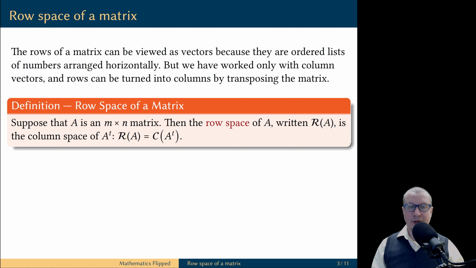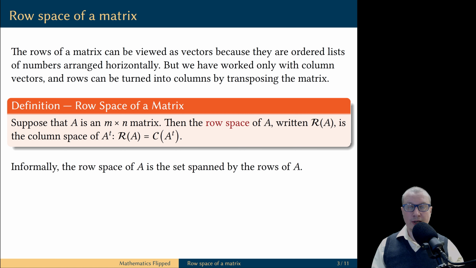And so we are going to define the row space of a matrix A as the column space of the transpose of the matrix A. The column space of a matrix is the span of the columns of the matrix, but the columns of A transpose are the rows of the original matrix A. Therefore, even though we formally work with column vectors, informally you can think of the row space of a matrix as the span of the rows of the matrix.